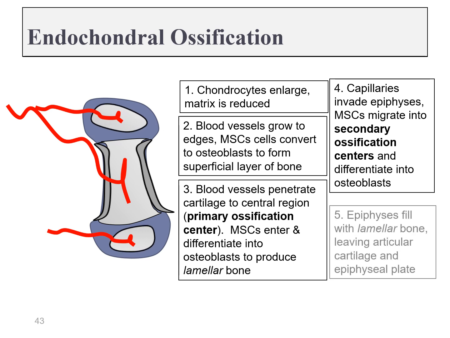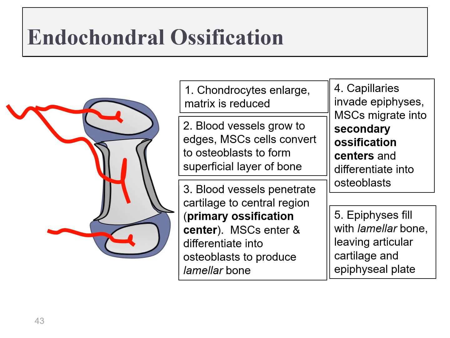And we replace most, but not all, of the cartilage. We leave cartilage in two very significant locations. One is the surfaces here at the ends, the articular cartilages. They're going to be very helpful in our joints that we'll cover in Chapter 9.